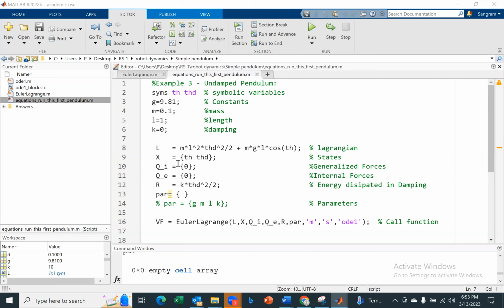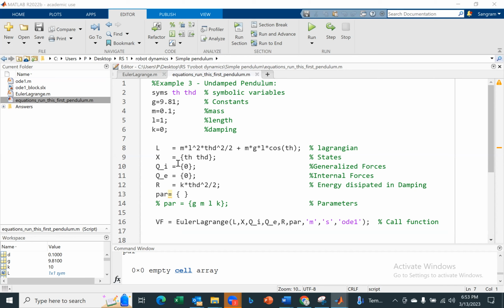Are you with me so far? Otherwise, this Euler-Lagrange function may or may not work. Qi are the external forces or generalized forces. There are no forces, that's why 0. Qe is the internal forces, no internal forces, 0. Value of K is 0, no parameters.